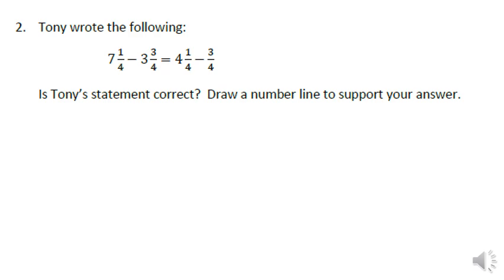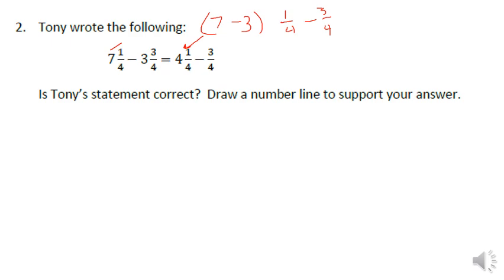Now, first thing I would do is work this out to see if this was correct. Because, well, you can see what he did. He did 7 minus 3, which gave him 4. And then he has 1/4 minus 3/4. So is that true?